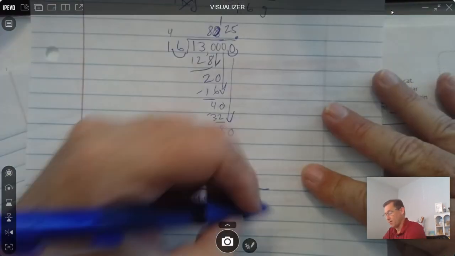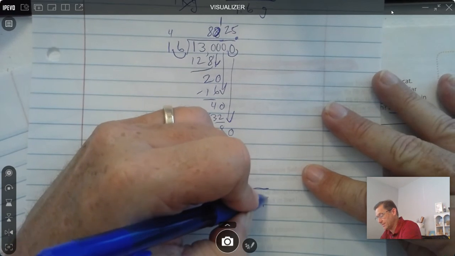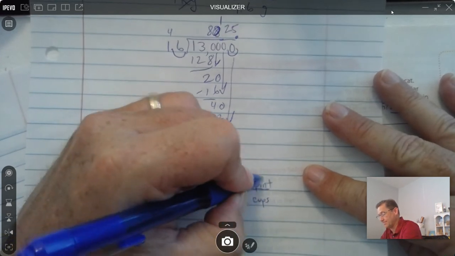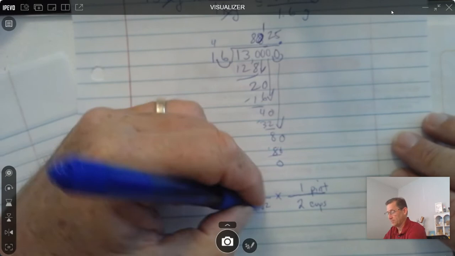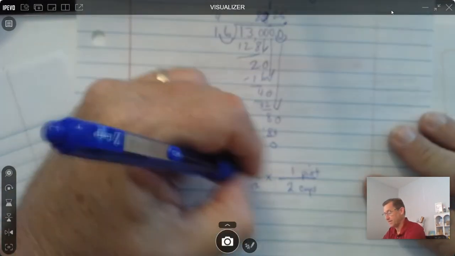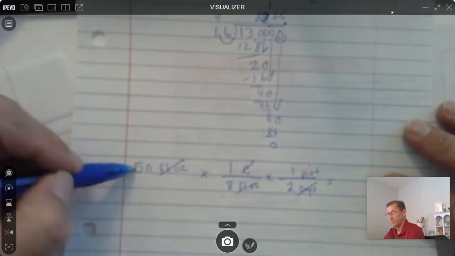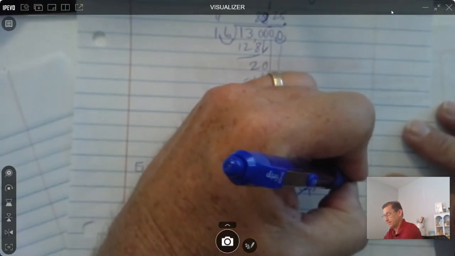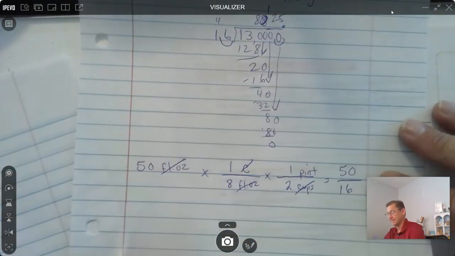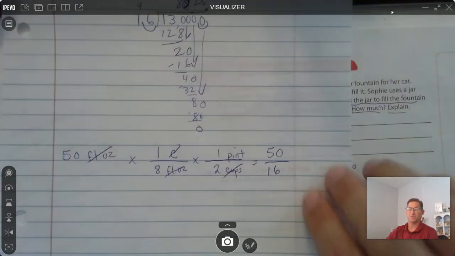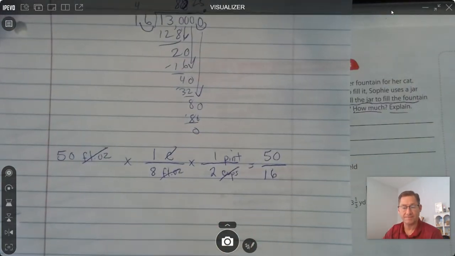And we know that there are 2 cups per 1 pint. Okay, so the ounces can be divided out, the cups can be divided out, and we're left with pints. So we're left with 50 divided by 16. So how many times is she going to have to fill it?